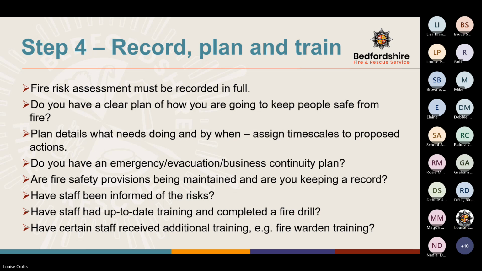Where are those residents going to go? Obviously it could be the middle of winter, it could be freezing cold. So you might have an agreement with another care home or the local community centre whereby you can move the residents to that place where it will be safe and warm whilst you deal with the issue in hand. So important to think about.